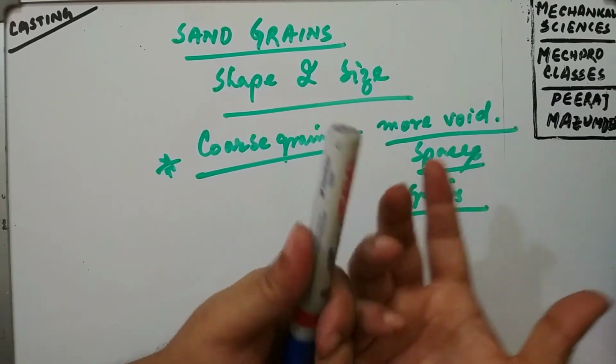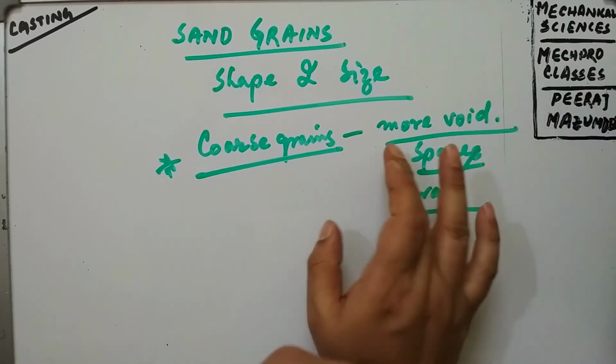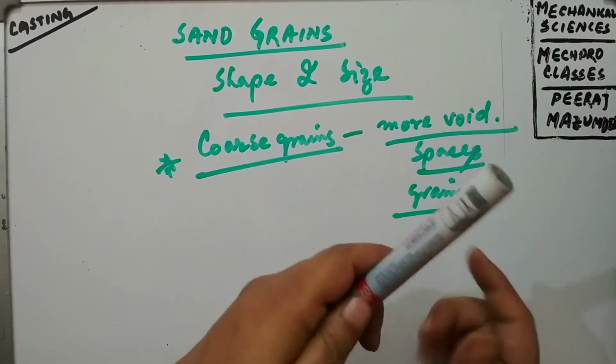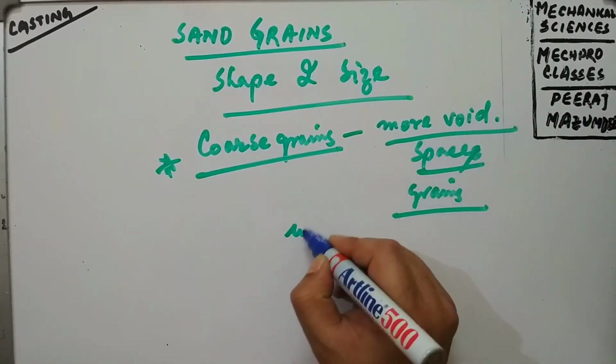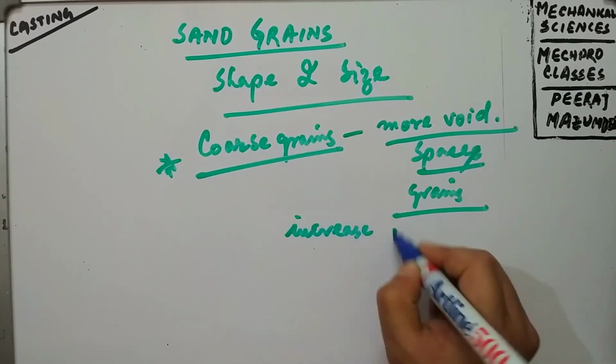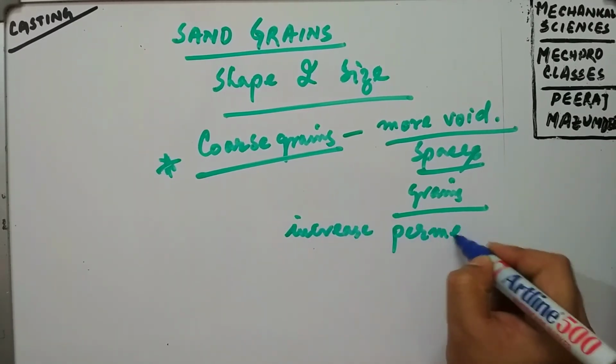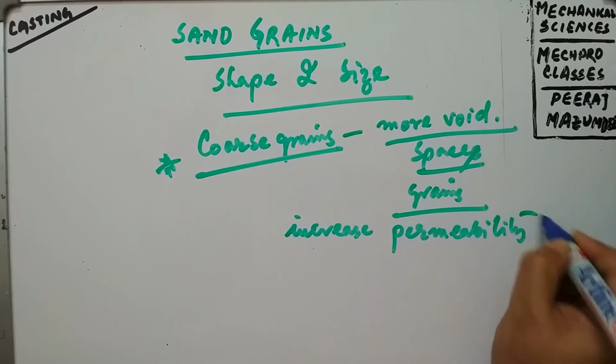Because of these more void spaces, it will increase the permeability. So the shape and size of the different sand grains is very important.